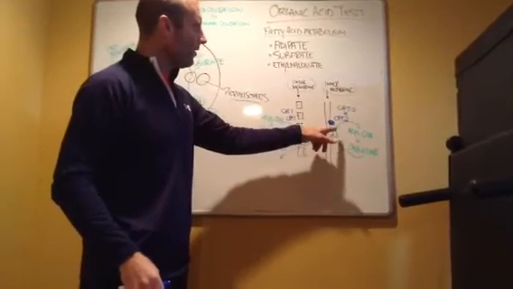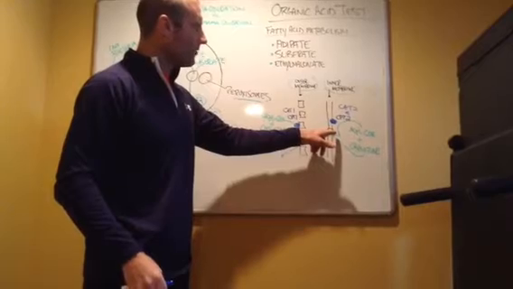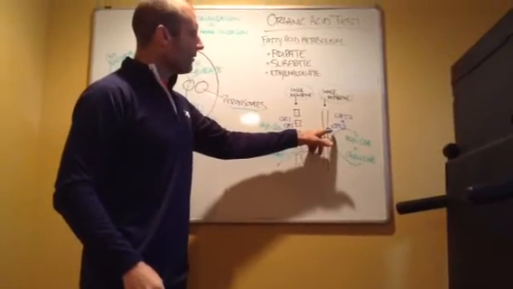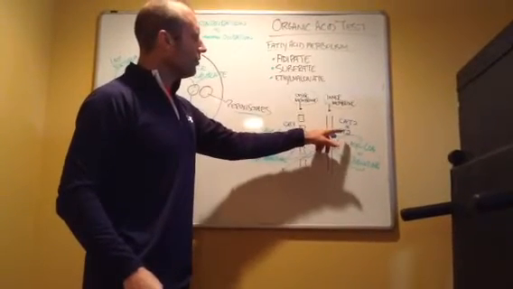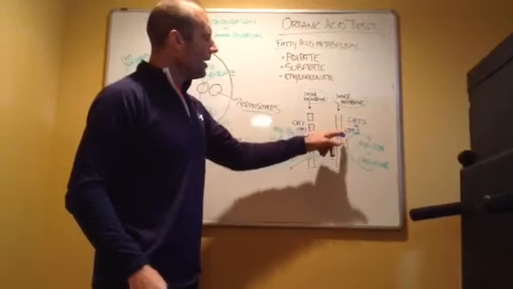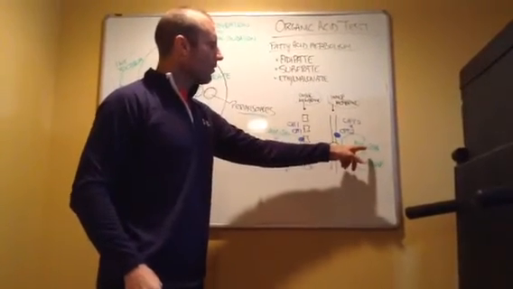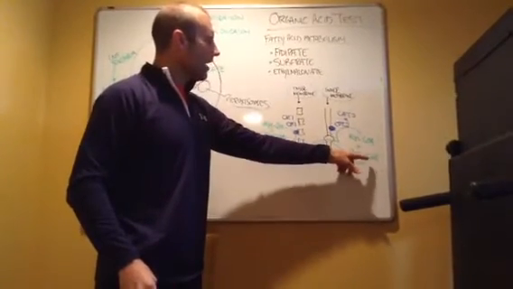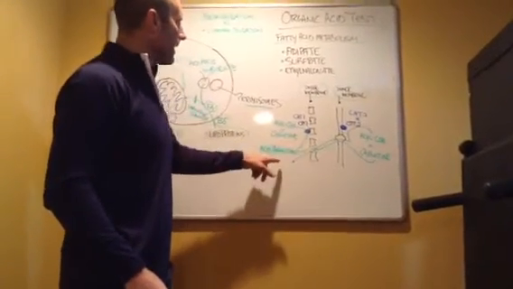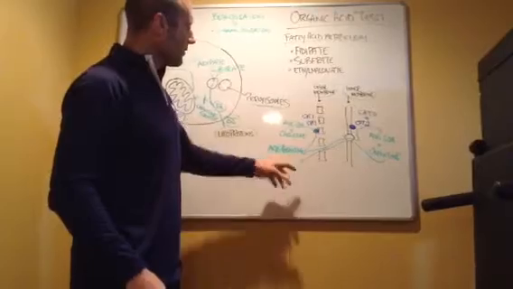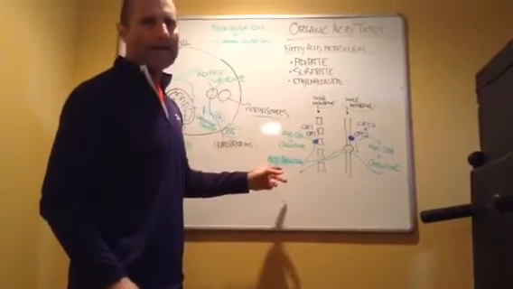Once inside the inner membrane of the mitochondria, it goes through a second reaction with CPT2 or CAT2, and that cleaves off the carnitine. Now we're left with acyl-CoA that can go into the Krebs cycle, and the carnitine just works its way back outside the mitochondria so it's ready to bind with another fatty acid.